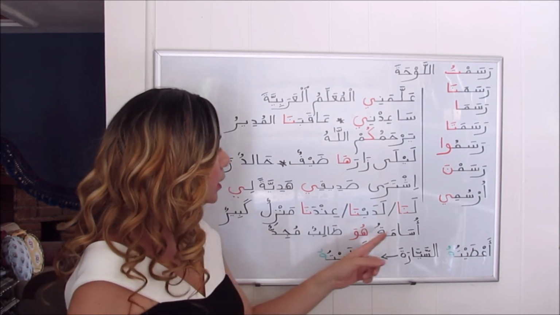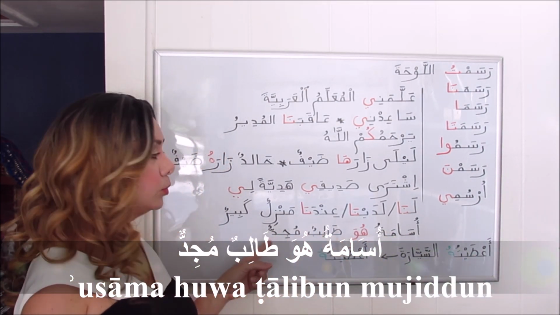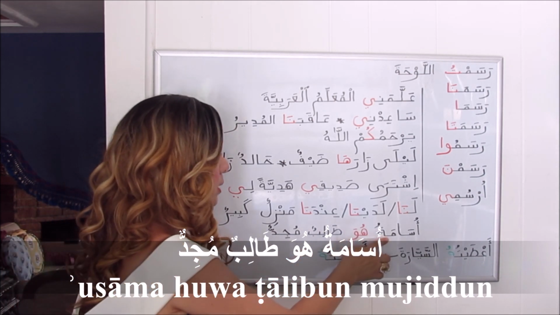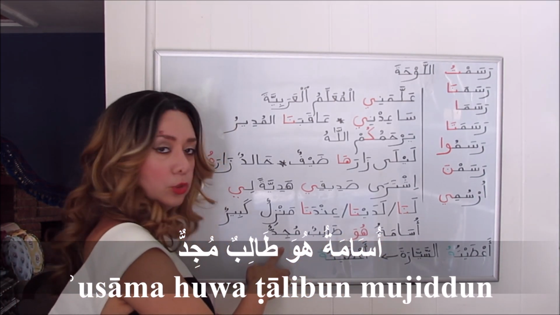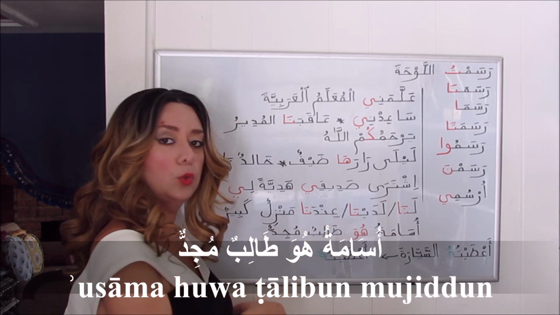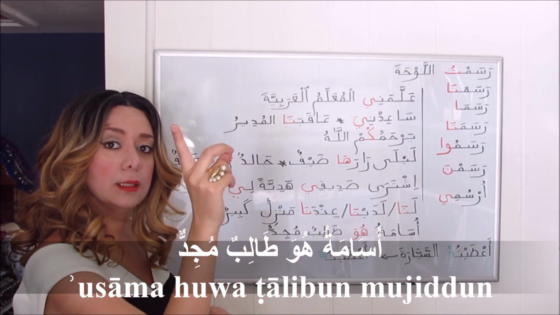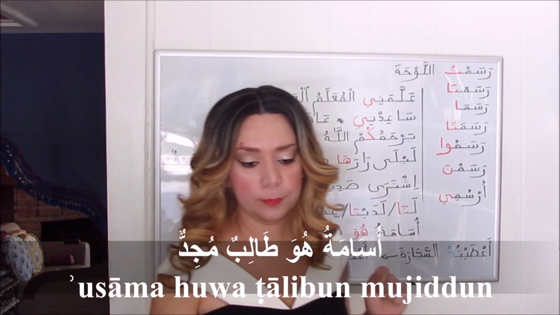They may follow the noun they refer back to. For example, أسامة is a male given name. هو طالب مجد. I could just say أسامة طالب مجد. But here هو is used for emphasis. هو referring to the third person singular masculine.